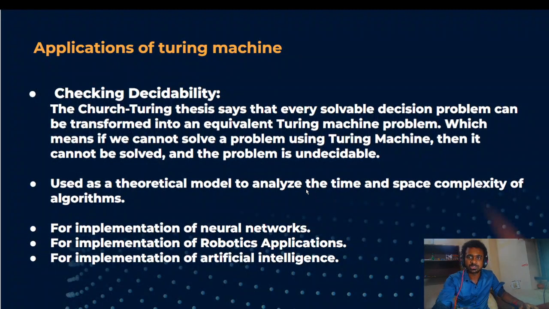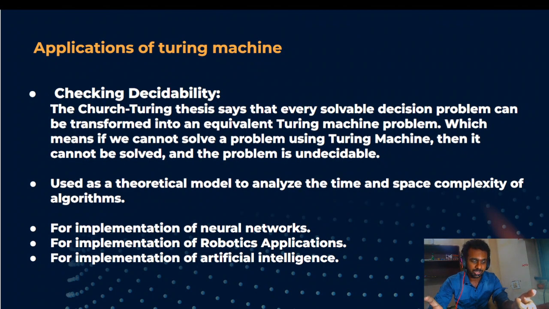Now we'll see some applications of Turing machine. Alan Turing also gave another thesis called the Church-Turing thesis, which says that every solvable decision problem can be transformed into an equivalent Turing machine problem. Which is what I said in the beginning of the video, that if there is a computation problem and if it can be solved by the computer, it can definitely be solved by the Turing machine. So that also means that if something cannot be solved by the Turing machine, it cannot be solved by the computer.